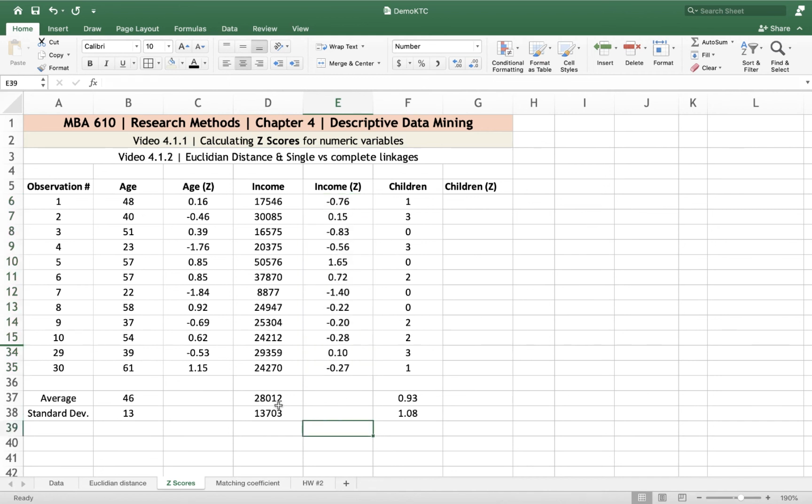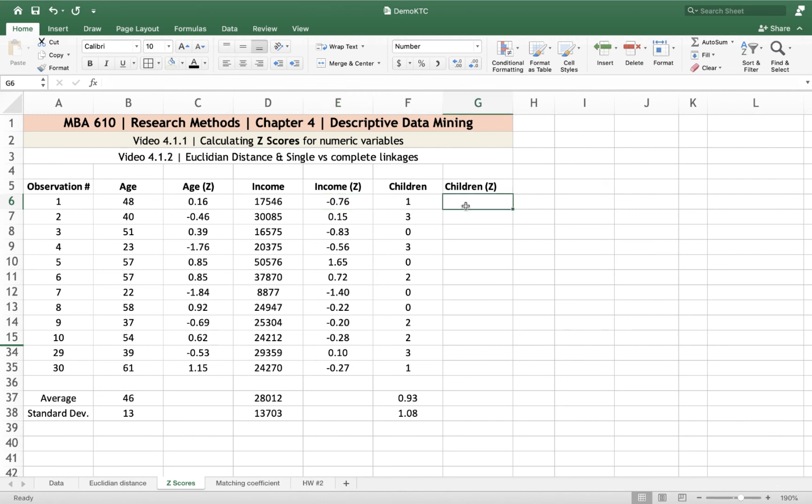So someone who makes less than the average income, like the person in observation 1, is going to have a negative z-score, a negative z-score of 0.76, meaning that they make just about 3/4 of a standard deviation less than the average level of income.